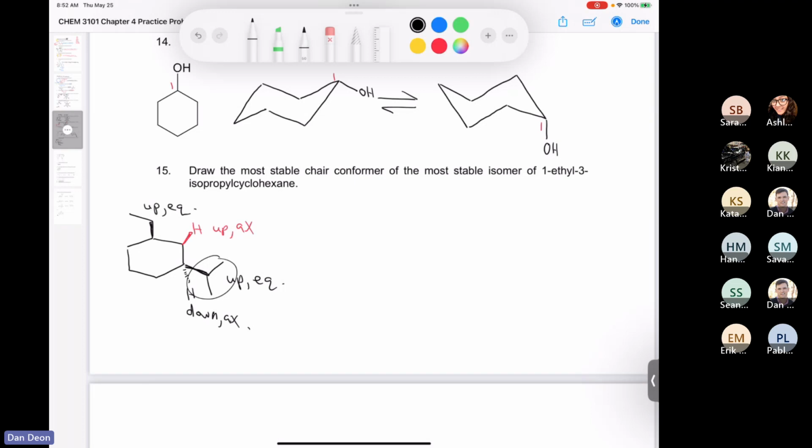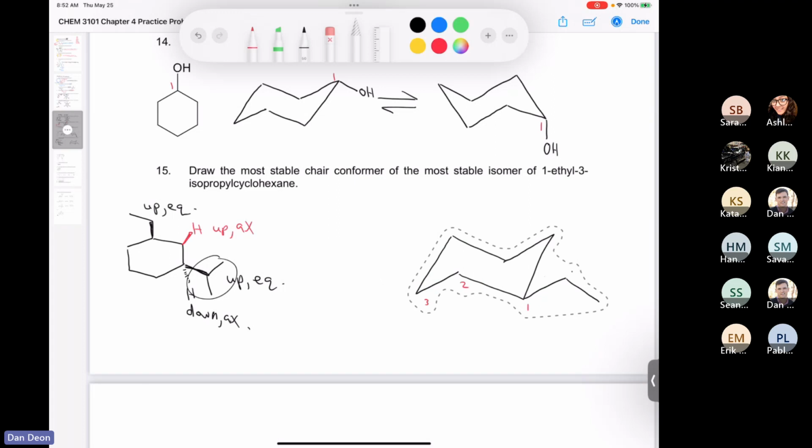So there's a number of ways you could draw this, okay? Not many ways you could draw this, but let's just draw a chair. Practice our chair drawing skills, okay? So why don't we choose this as our first carbon, and we'll have the ethyl group pointing up, and so there's an ethyl group that's pointing up and equatorial. So then if we count 1, 2, 3 carbons, maybe I need to move this over a little bit.